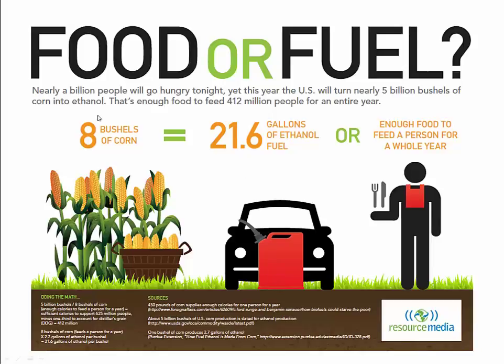So we have to consider whether that 8 bushels of corn is better used for fuel or for feeding people. And this is one of the major reasons why scientists are not very happy with biofuel. It says that nearly 1 billion people will go hungry because 5 billion bushels of corn is being turned into ethanol. That 5 billion bushels of corn is enough to feed 412 million people for an entire year.